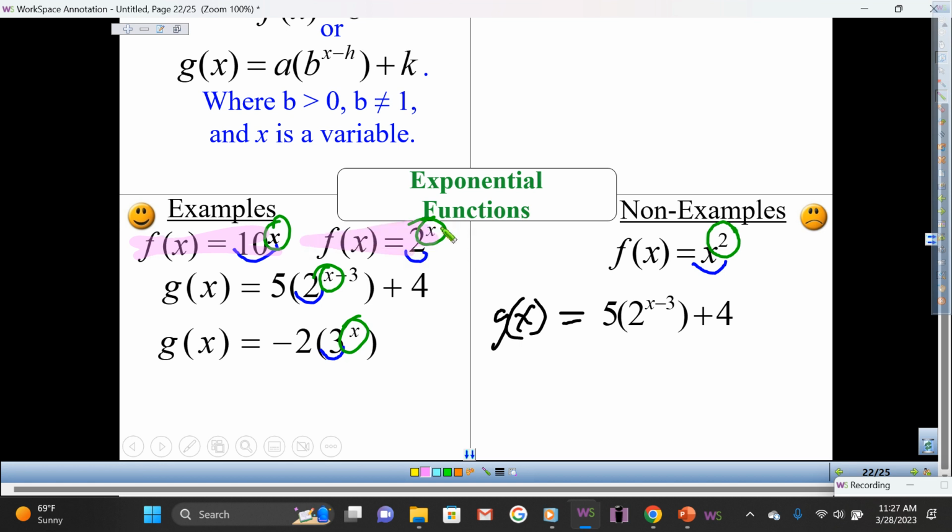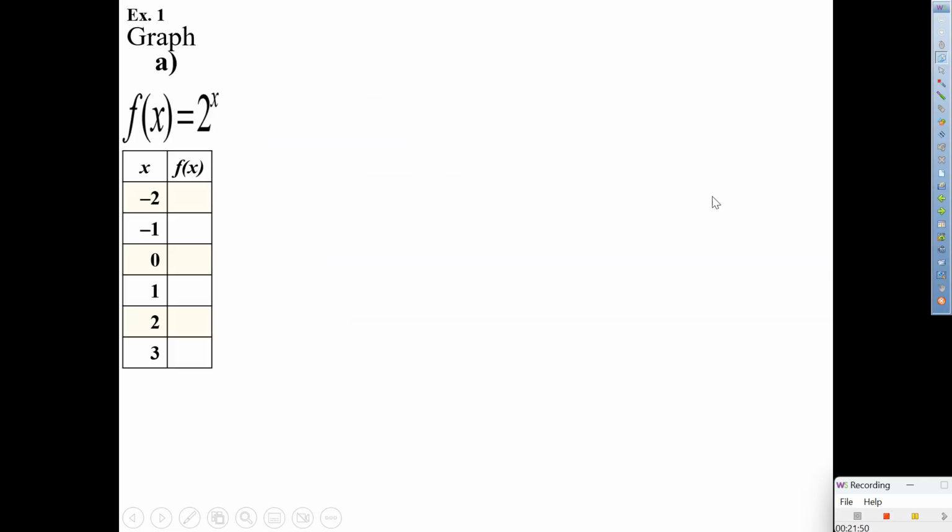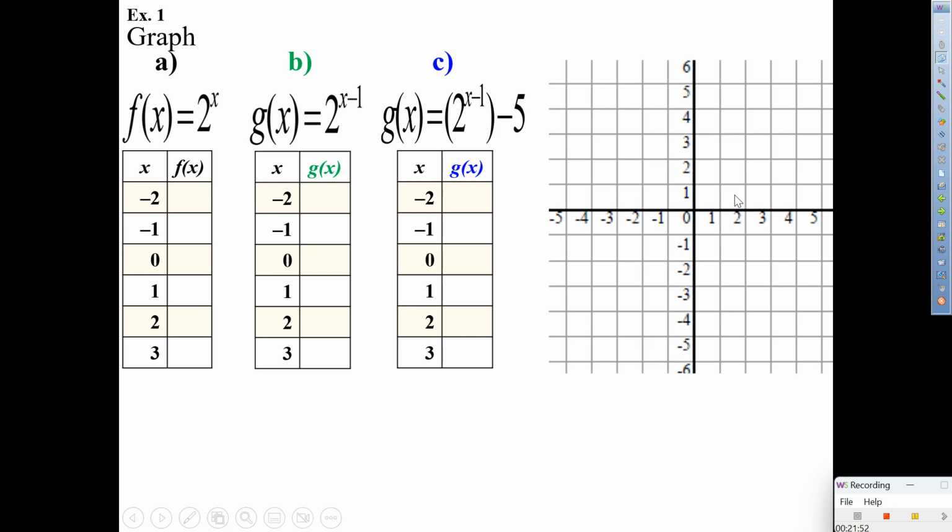Today we're going to be focusing on this one with base 2, okay? So, copy this down, please. Get that set up. Copy. I'll give you some time. Get a coordinate plane from -6 to 6 set up. Copy and go.